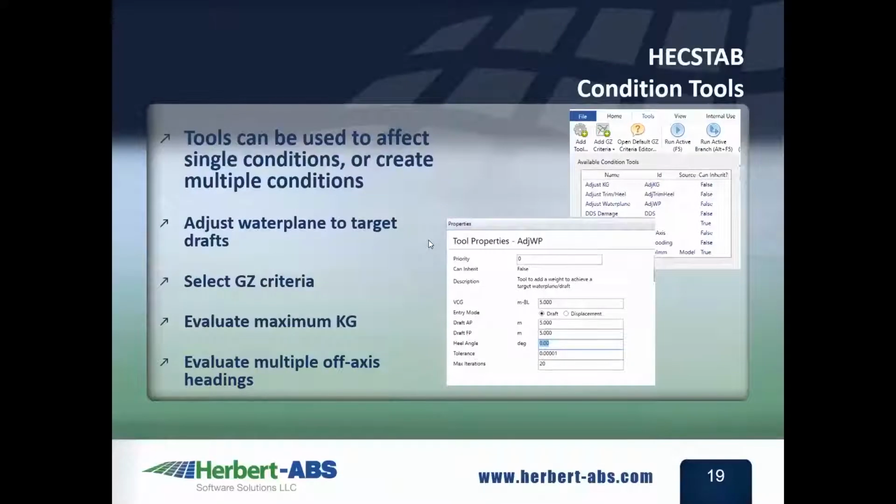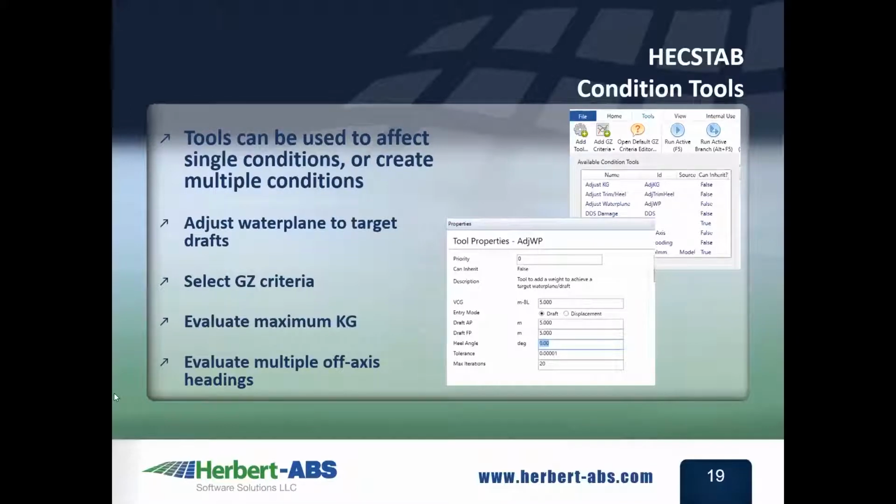A condition can have one or more condition tools applied to it. These tools can be used to affect single conditions, or they can be used to start with one condition and create a number of sub-conditions underneath of it. So for example, you can have a simple tool that just says, give me a condition that gives me a draft of 10 meters. Or give me a tool that will evaluate this righting arm criteria, this GZ criteria.